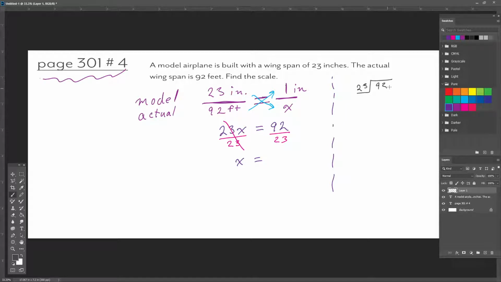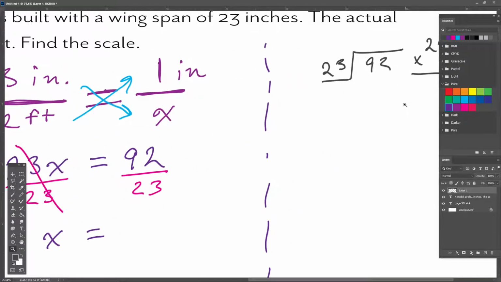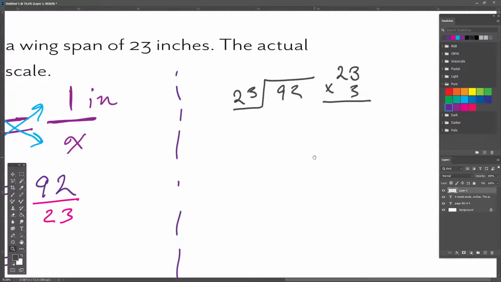23 goes into 92 how many times? Well, let's try 3 or 4. So let's try 3 to begin with. That may not quite get us there, but we've got to try. That's how this scratch paper thing works. So it's 23 times 3. Let me zoom in a little bit. 3 times 3 is 9. 3 times 2 is 6.